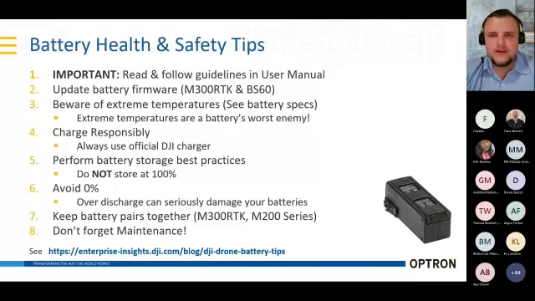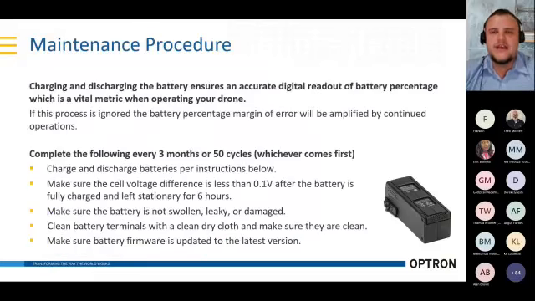And then also don't forget to do the maintenance on the batteries. There are also a few insights on the website that you can follow for the maintenance. The maintenance procedure is charging and discharging the battery. It ensures that you have an accurate digital readout of the battery percentage, which is very vital to the operation of your drone and effective operation.